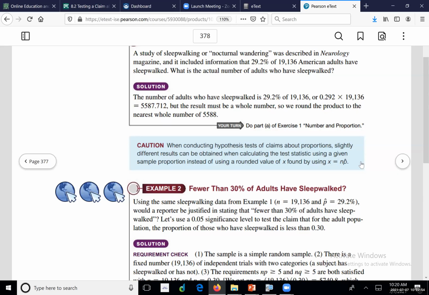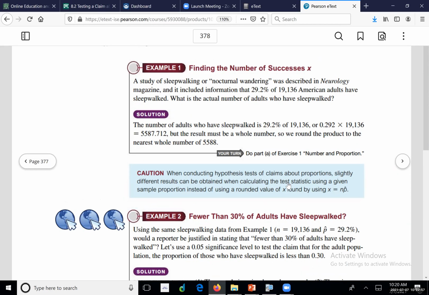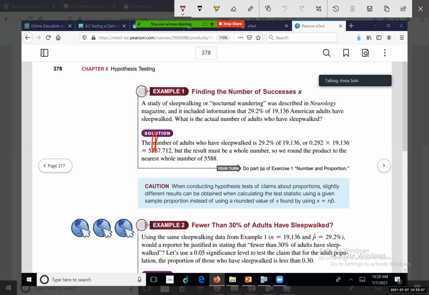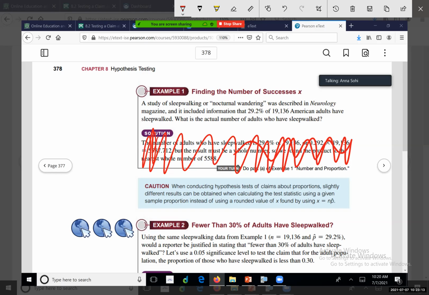There are two parts to it, finding the number of successes x. Just use your common sense. Don't look at the solutions here. A study of sleepwalking was described in Neurology magazine, and it included information that 29.2% of 19,136 American adults have sleepwalked. What is the actual number?